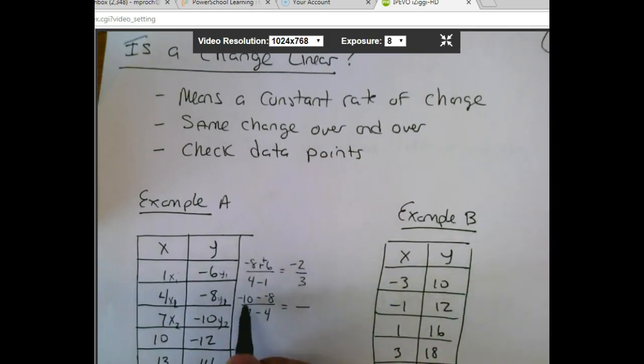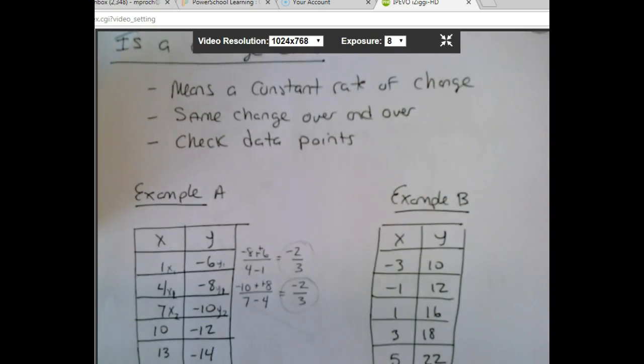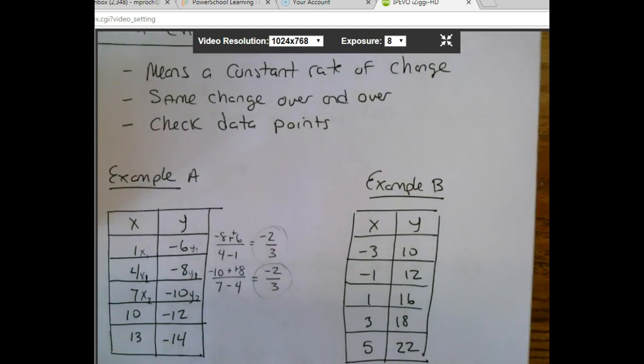And we'd see we're going to change the sign here. It's going to be -2 over 3. Same slope. So that tells us it's a linear change here. If the rate of change is linear, it's consistent. It's not going to change. Okay? So we can count on it.